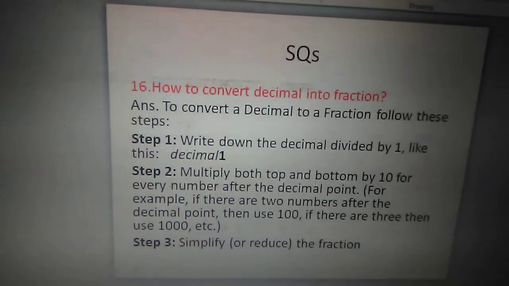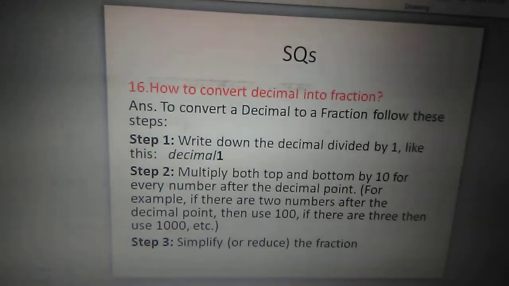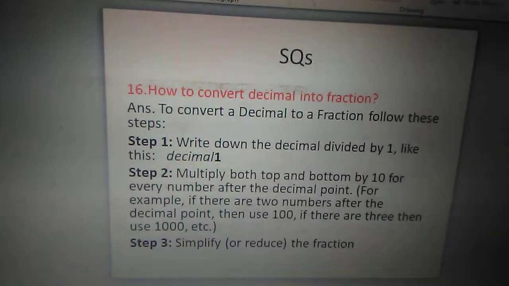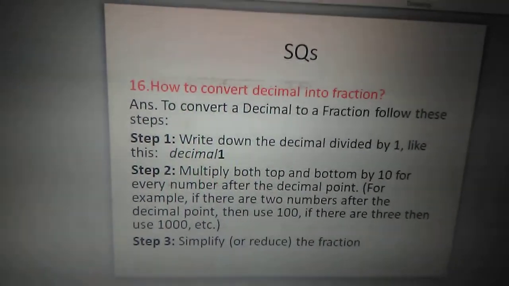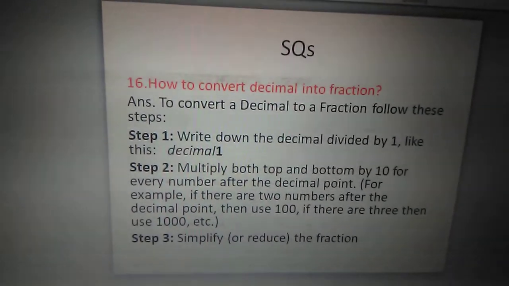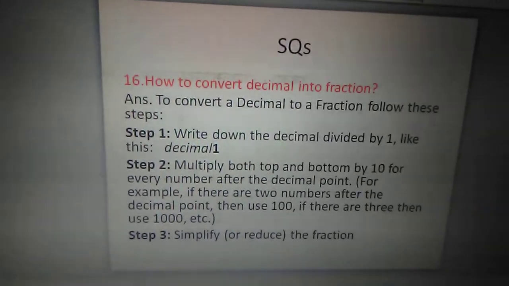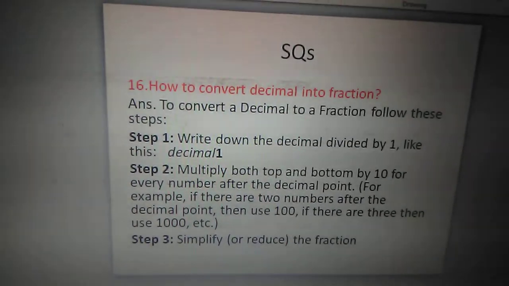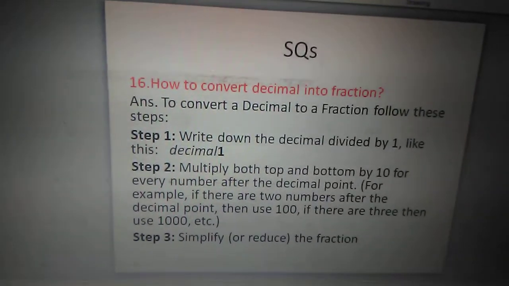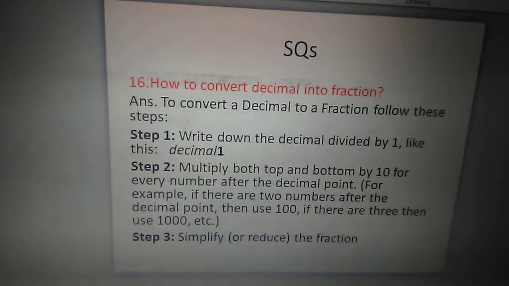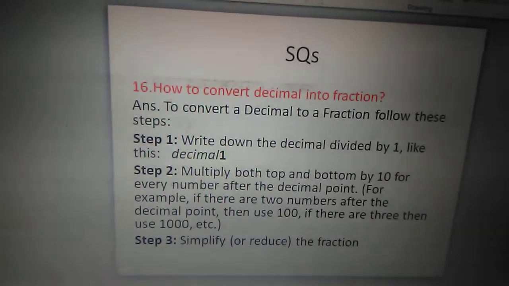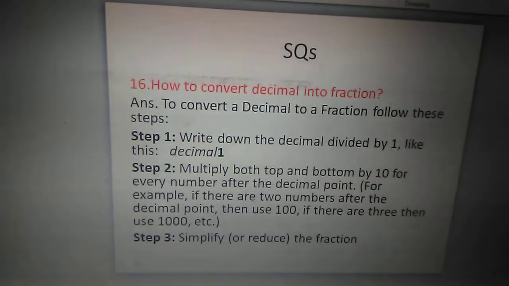Then second step, multiply both top and bottom by 10 for every number after the decimal point. Multiply both the numerator and the denominator, that means the decimal and 1, by 10 for every number after the decimal point. If there is 1 number after the decimal, you will multiply by 10.